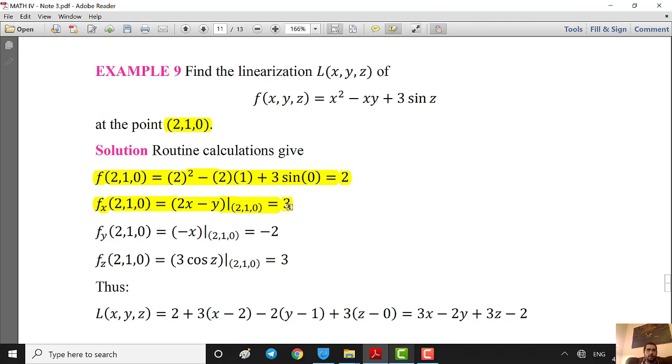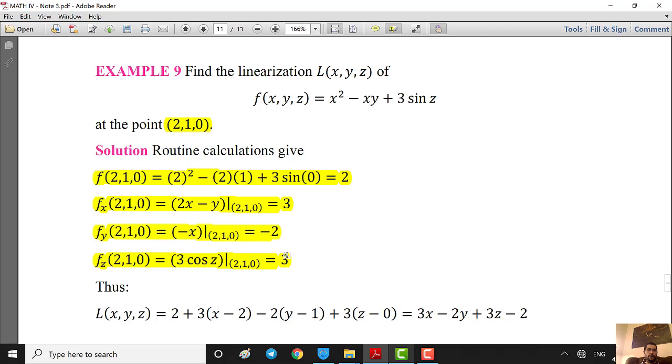Then we need to calculate ∂f/∂y at the point, which is the evaluation of minus x at the point (2, 1, 0), which is minus 2. And ∂f/∂z, which is 3 times cosine of z, evaluated at the point, is going to give us 3, because cosine of 0 is equal to 1.